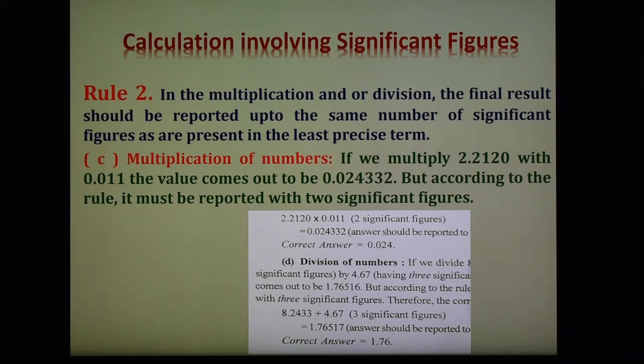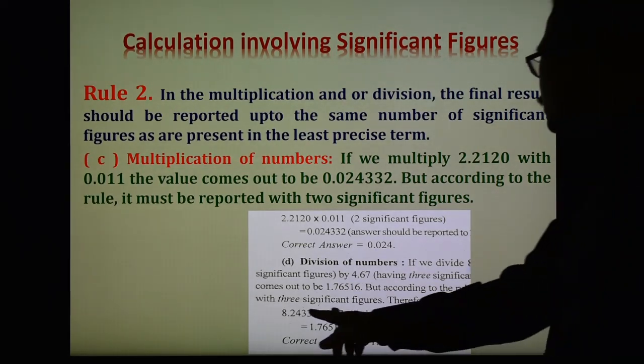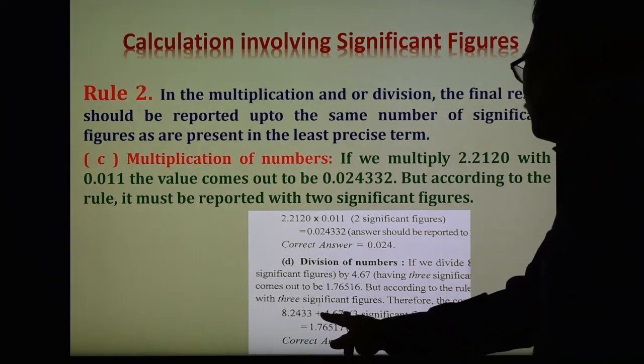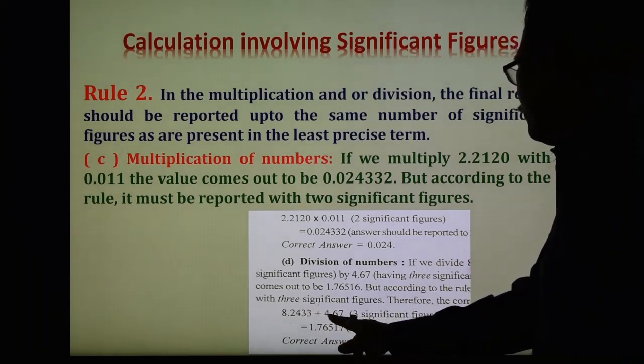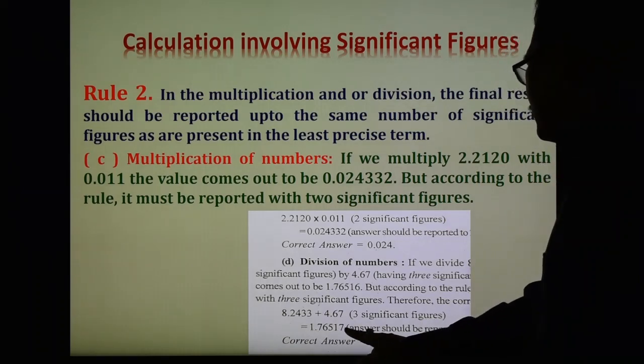But according to the rule, it must be reported up to 3 significant figures, as shown here. Multiplication and division are similar. This number is divided, not added, by 4.67. This number has 3 significant figures, so after dividing, the answer is this one.